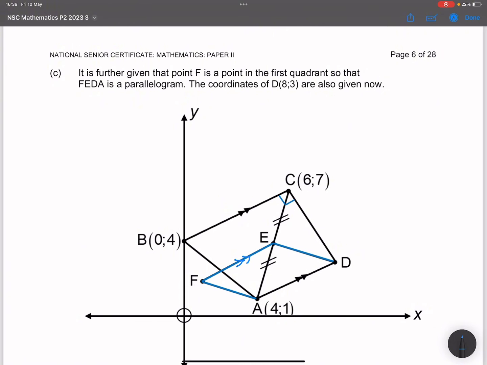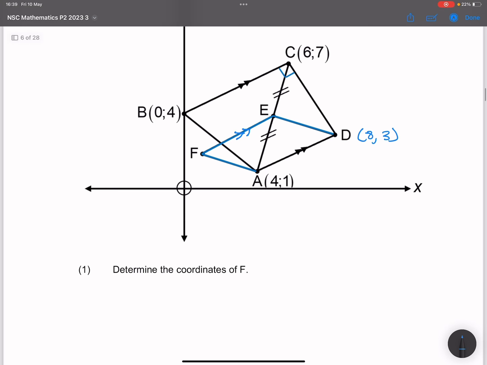That means that FA is parallel to ED, right? And now they say to us the coordinates of D are (8, 3). That's what we found. So now they want us to determine the coordinates of F.